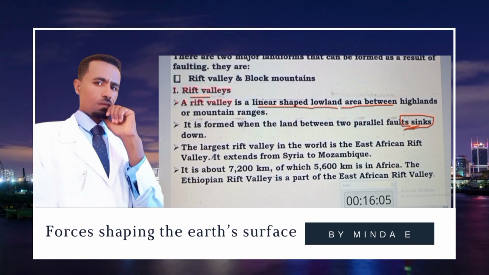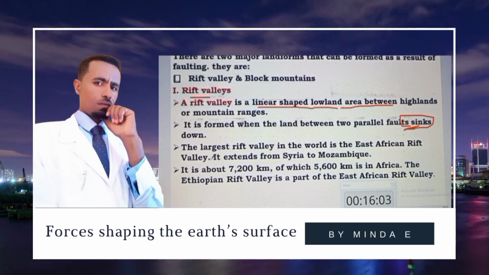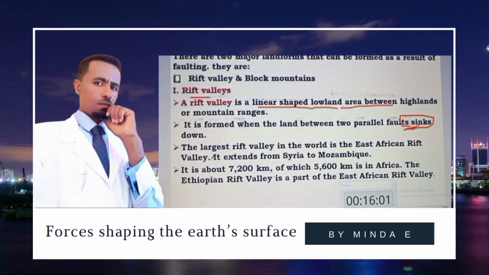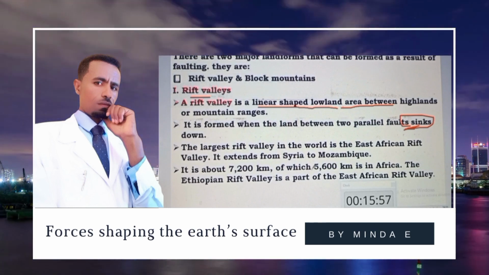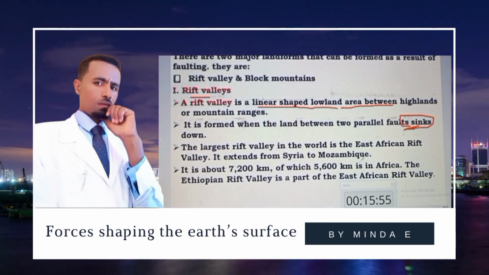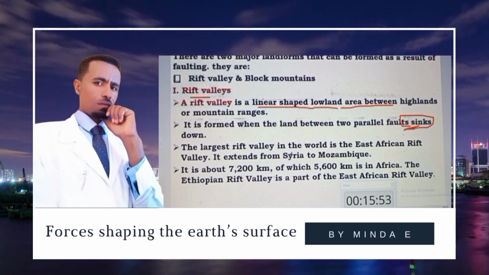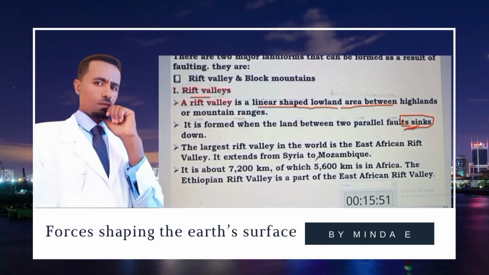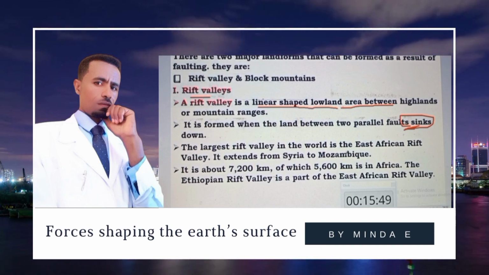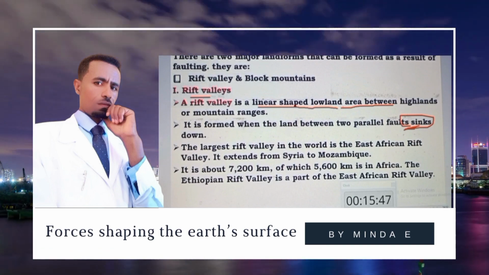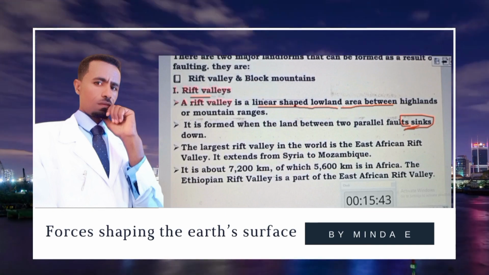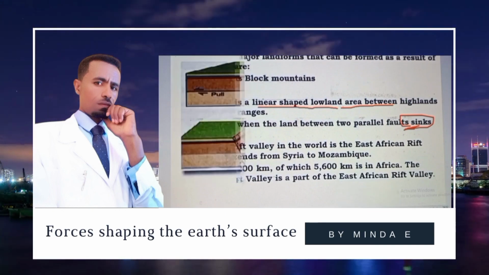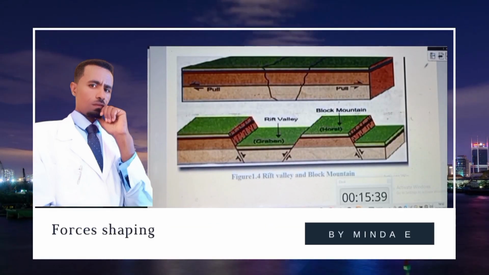The Ethiopia Rift Valley is part of the East Africa Rift Valley system. It crosses Ethiopia from northeastern towards southwestern Ethiopia, and it bisects Ethiopia into two diagonally.